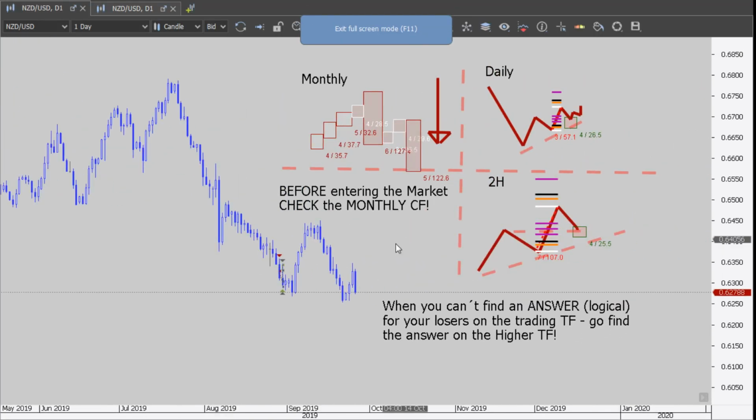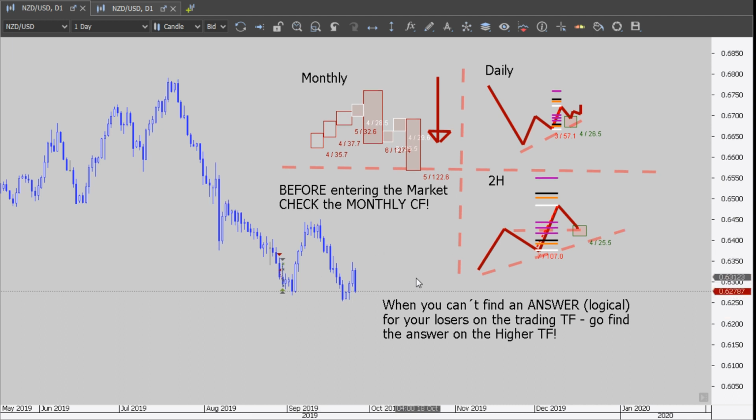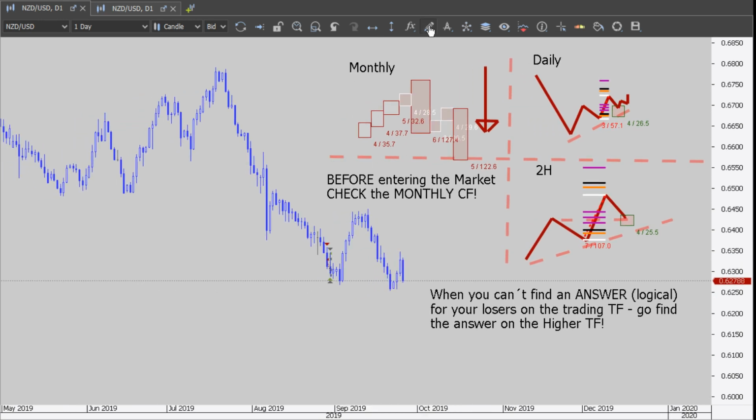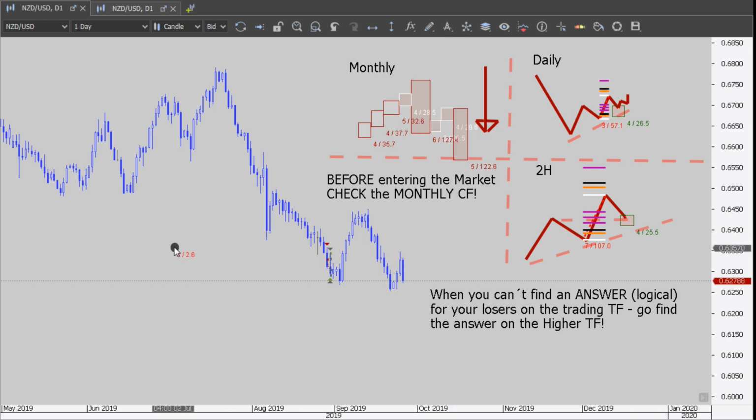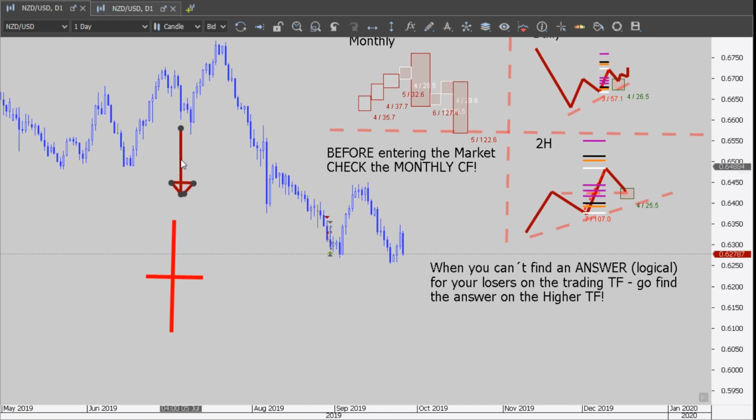So before entering the market, check the monthly candlestick formation. Okay, great. What if on the monthly candlestick formation you have a non-decision candle, everybody? You have a, I don't know, it's called a doji or whatever. I never learned the names. But what if you have on the monthly an undecision candle?